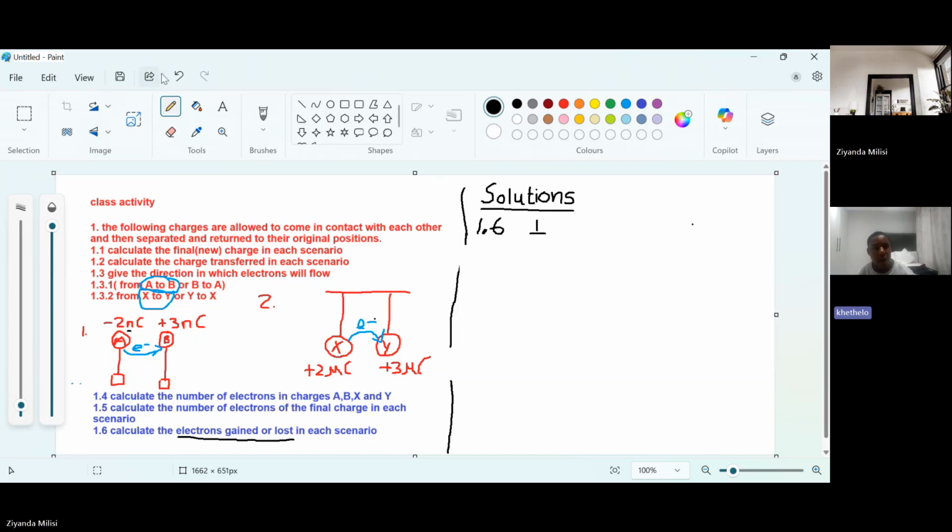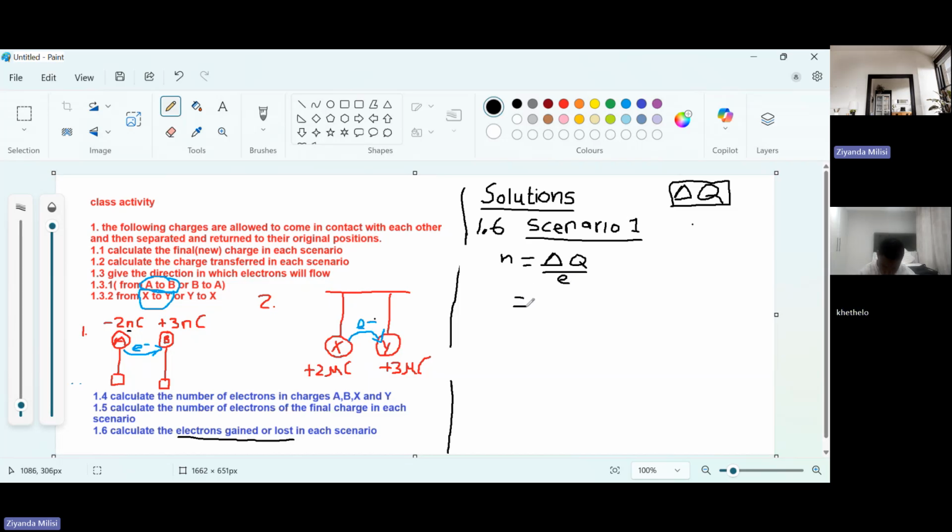When we say calculate the electrons gained or lost, you get it from the charge gained, which we said is change in Q. So you will use charge gained or lost, which is change in Q, over e.